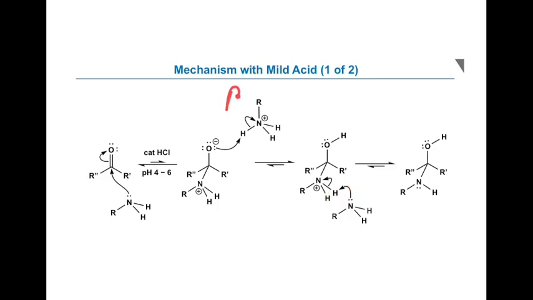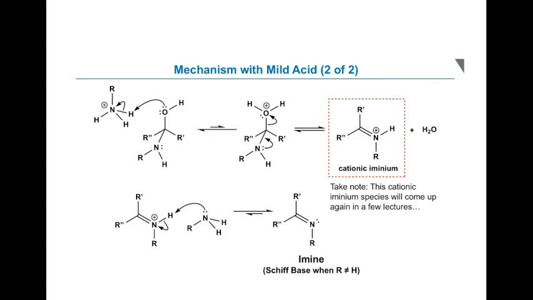So this is one proton transfer step and a second proton transfer step, 1, 2, like this. After that addition, we have our neutral aminal. It's like an acetal or a ketal, but it's an amine alcohol, or an aminal is usually what it's described as, or an N-acetal. I've seen it written as well.